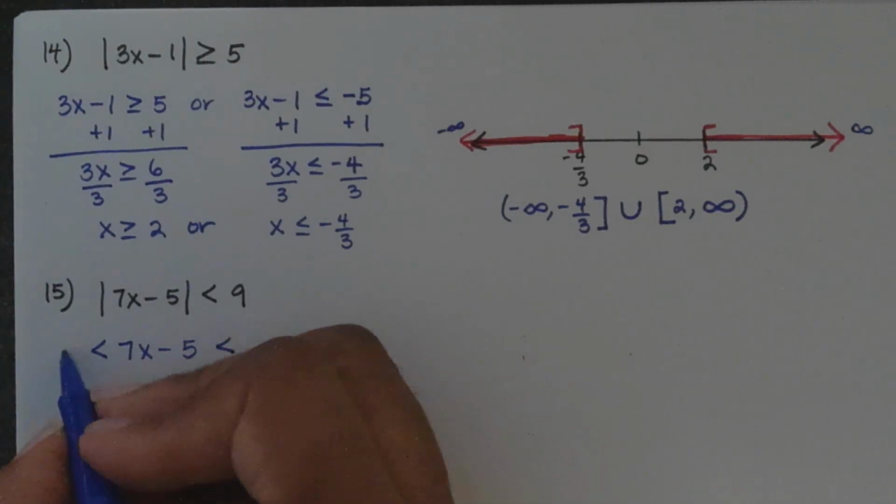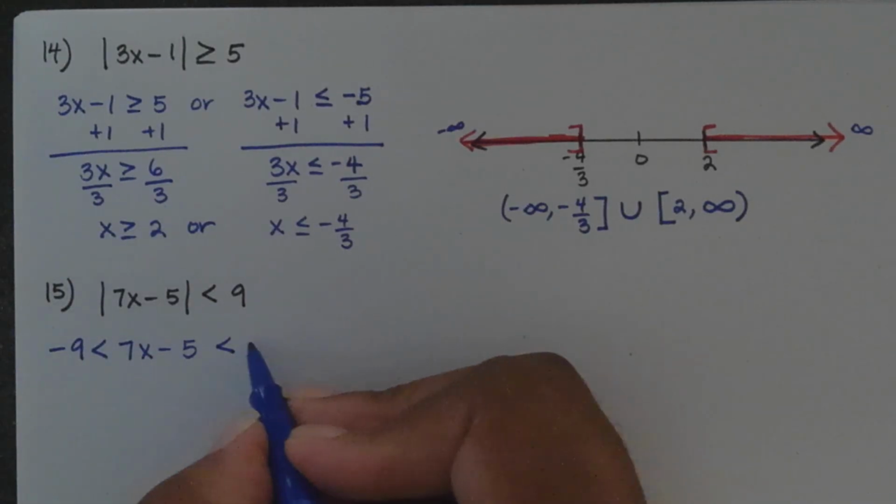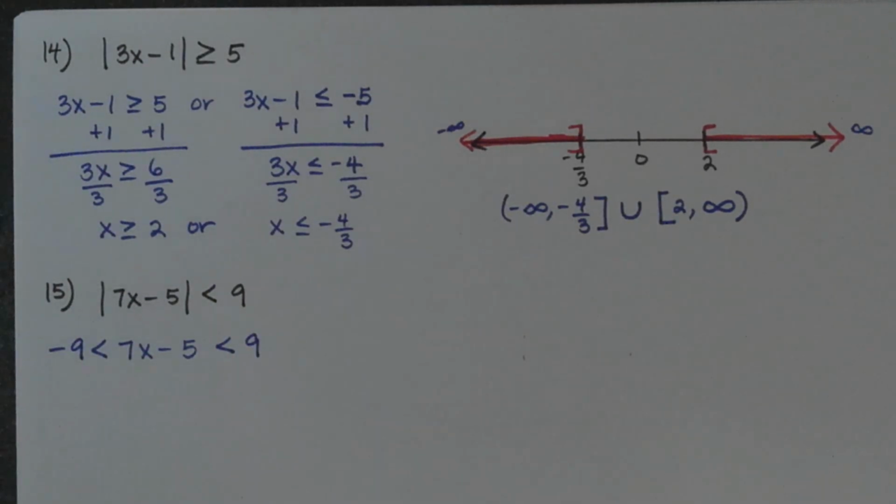The compound inequality for this would be, take that 7x minus 5, which is inside your absolute value symbol. That would be in between the two less than symbols. The 9 on the left side would be negative. The 9 on the right side would be positive. So this is going to be the setup for this. Negative 9 is less than 7x minus 5 and less than 9. And then we're going to perform the same operation on the left side and in the middle and on the right side.